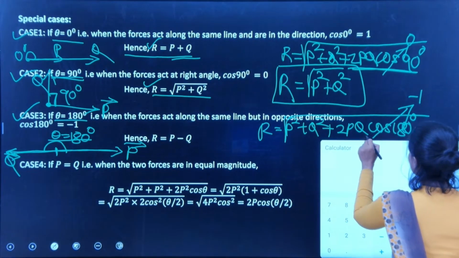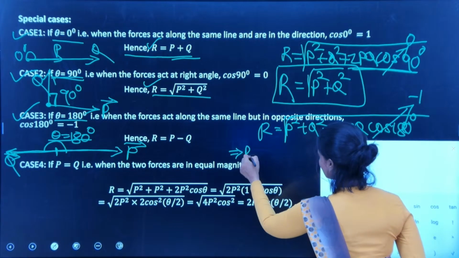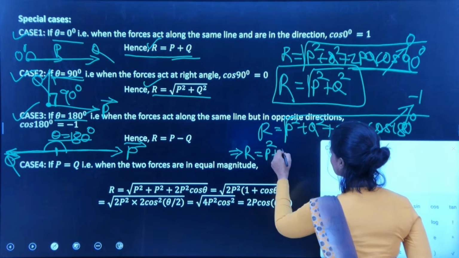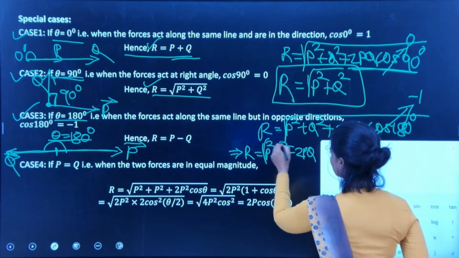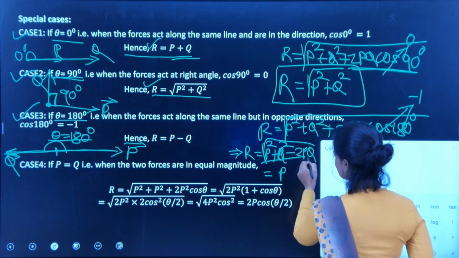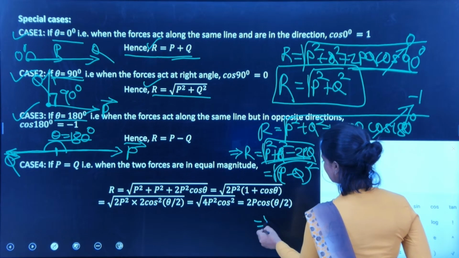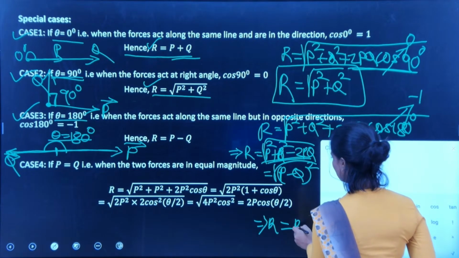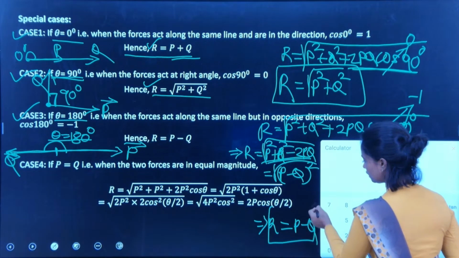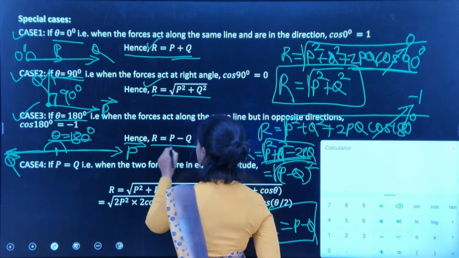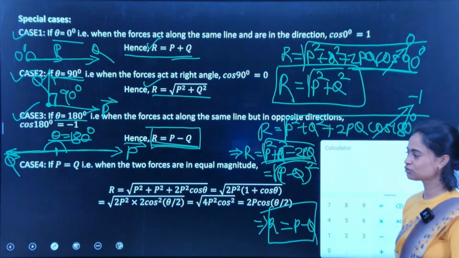So if we put cos 180 as minus 1, this entire expression reduces to root over of P square plus Q square minus 2PQ, and ultimately this becomes root over of P minus Q whole square, so R is equal to P minus Q. If we remove square and root over, we get the expression of R as P minus Q. Got it? I think it's clear to all of you.